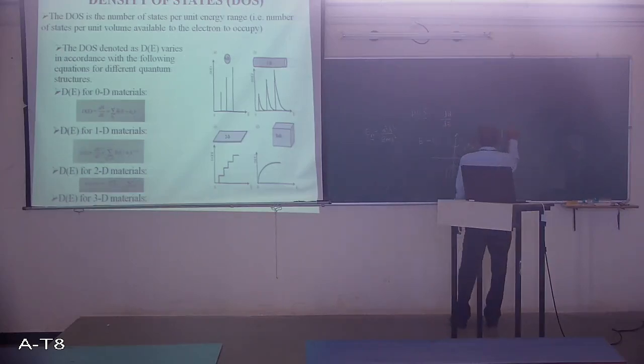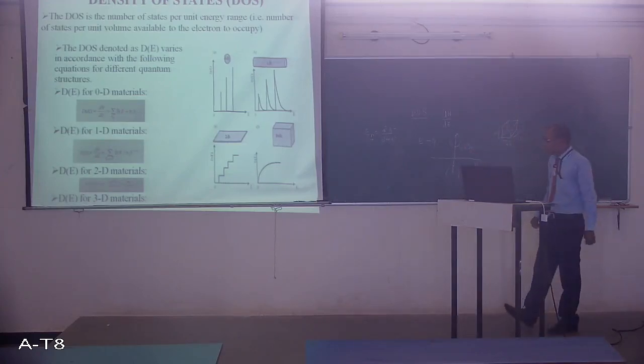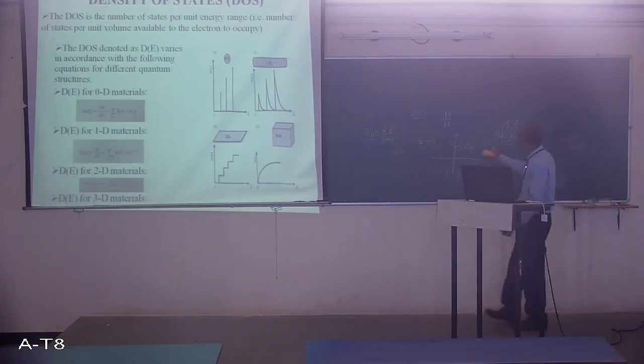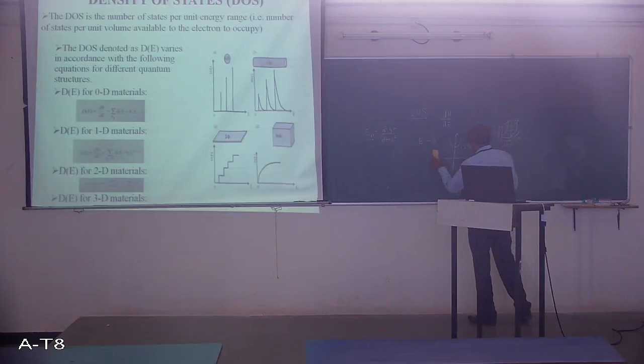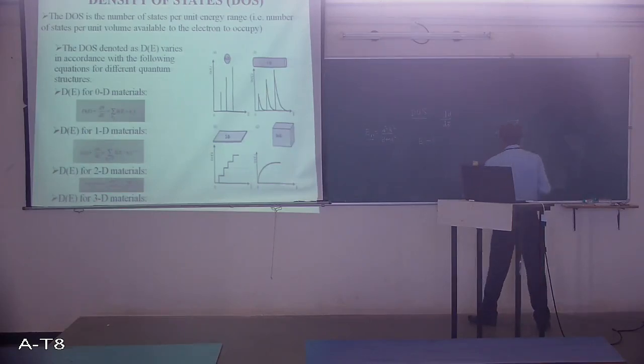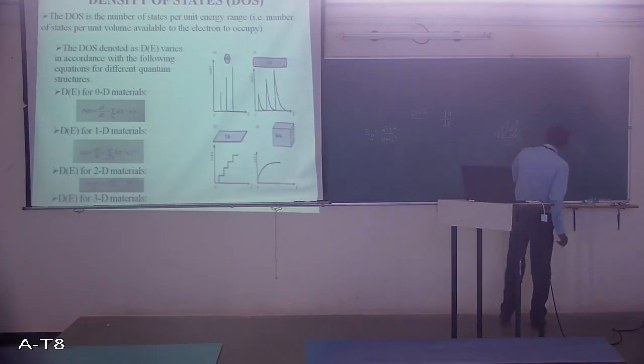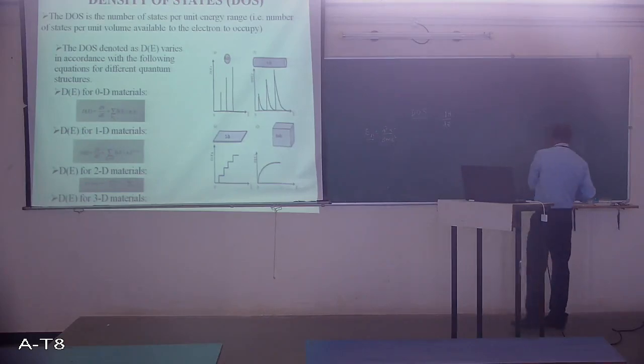If you take a box of all sides 1 mm, then the minimum length is 10 to the power of minus 3 meter, and the maximum K value is of the order of 10 to the power of minus 9 meter.